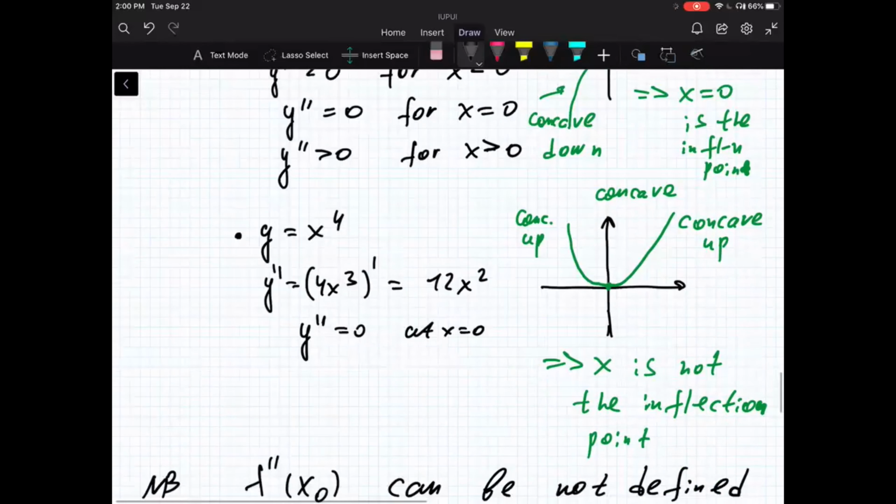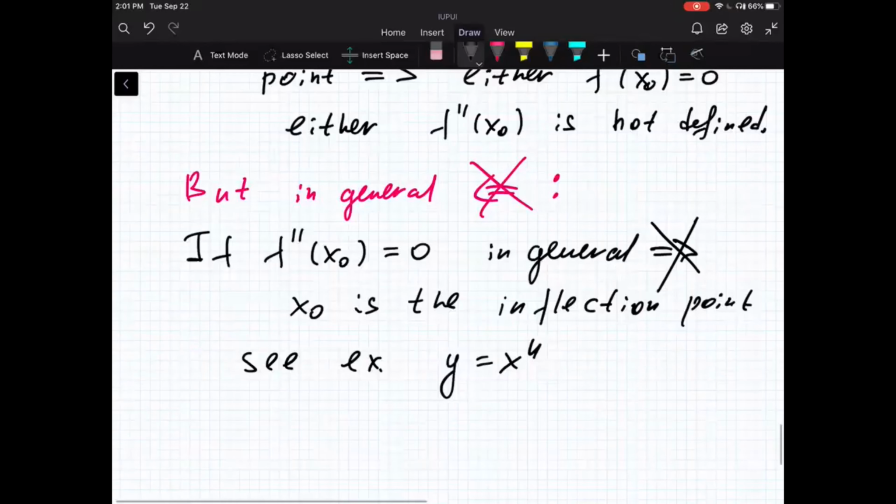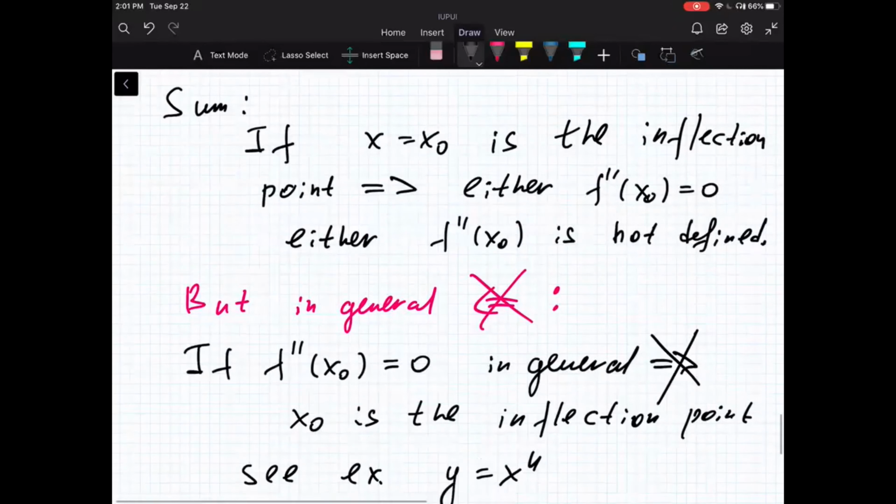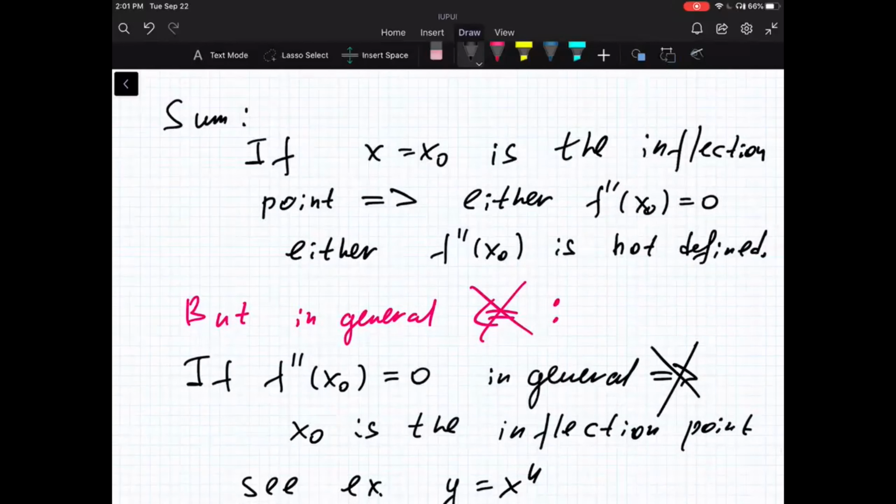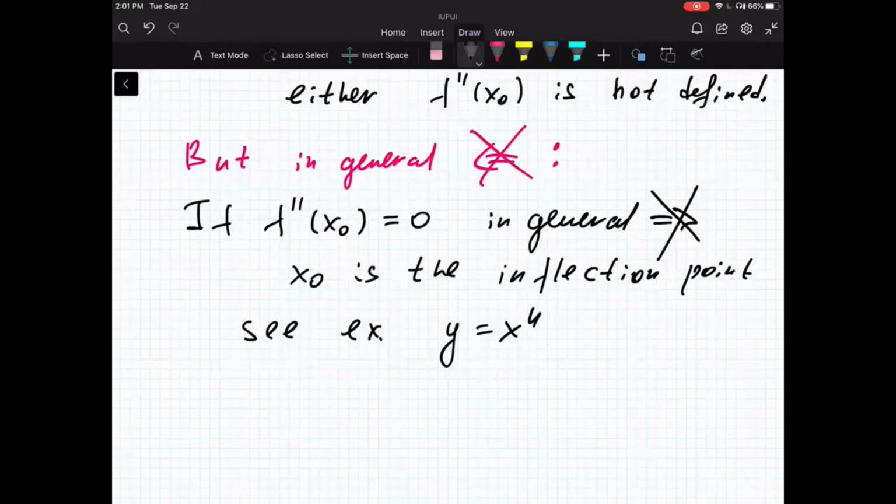We found that at x equals 0 our second derivative is 0, but 0 is not an inflection point. So it's only one way. If you know that some point is an inflection point, then necessarily the second derivative is either 0 or not defined, but not the other way around.